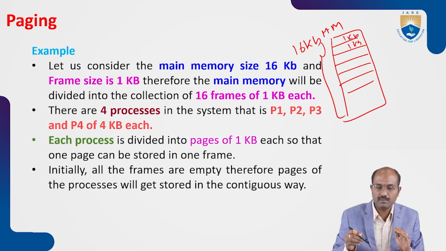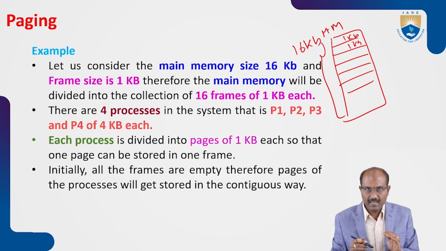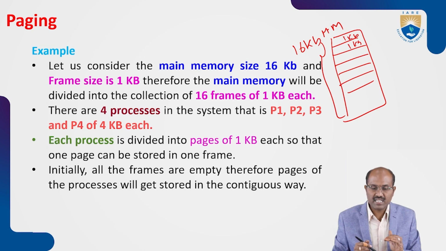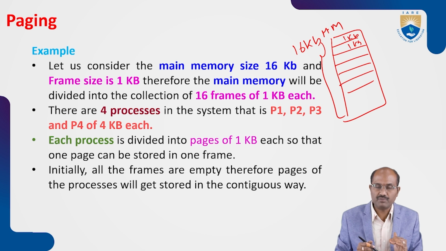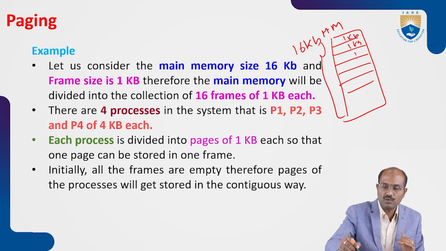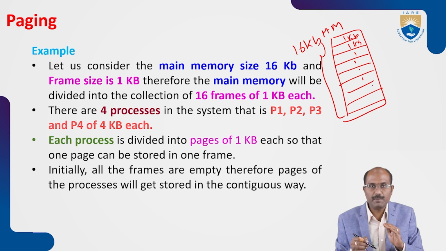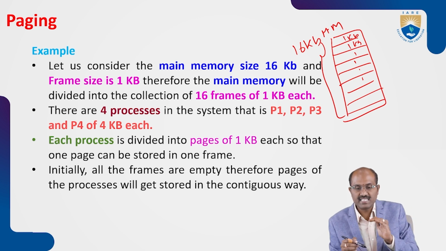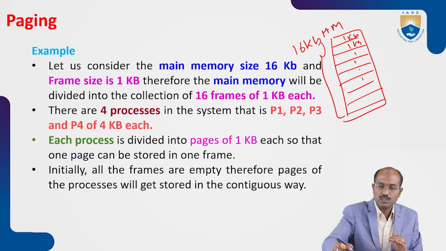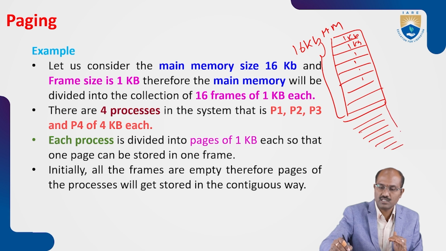Therefore, the main memory is divided into a collection of 16 frames of 1 KB each: 1, 2, 3, 4, 5, 6, 7, 8, 9, 10, 11, 12, 13, 14, 15, 16 partitions totally.